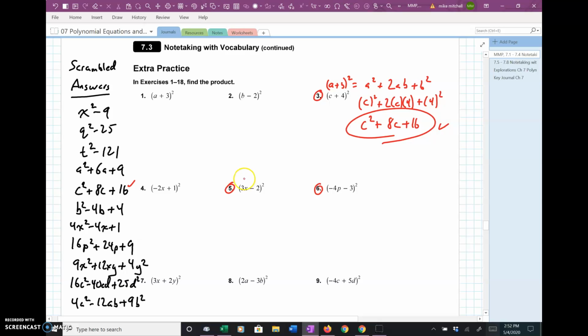Okay. This one, I've got my a minus b squared, a squared minus 2ab plus b squared. Notice it's a plus at the end. Negative times negative is positive. So I'm going to write it underneath here because I don't have as much room there. I'm going to have 3x in my parentheses squared minus 2 times 3x times 2.